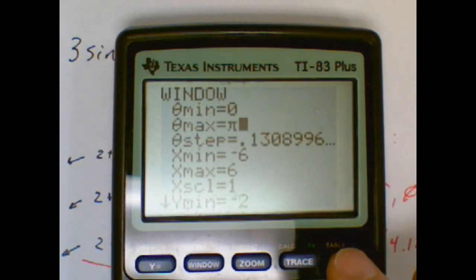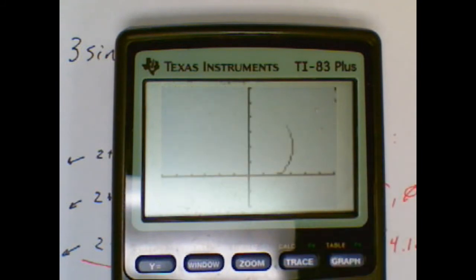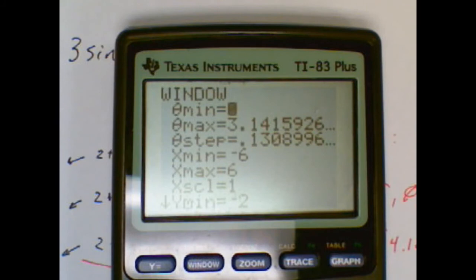I'm going to regraph that. Oh, that's disappointing. I feel incomplete, because in this case I had to go to 2 pi to get the full graph, and I don't know of any great way to know how far to go, so you're going to have to be good at trial and error.